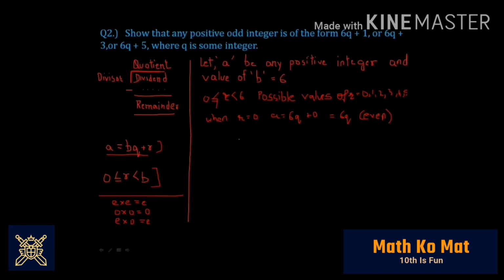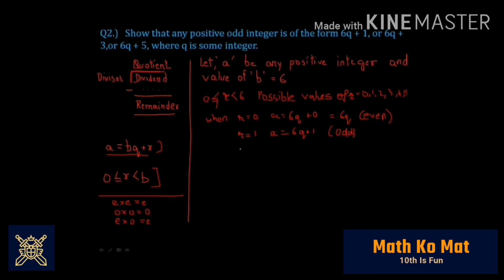So when r is equal to 1, a is equal to 6q plus 1. And as we can clearly see, as 6q was even, so 6q plus 1 would be definitely odd. So this particular value will be odd.